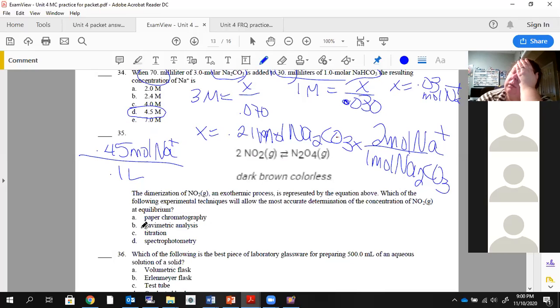Distillation, it's not on this list, but it's one of the other separation techniques, would work if we had two large samples that we wanted to collect in the end out of a mixture. Usually they're both liquids. And especially this one says concentration. So anytime we're trying to figure out concentrations, spectrophotometry is probably the best idea. Remember, spectrophotometry is what we did in lab today. That's what goes along with Beer's law.